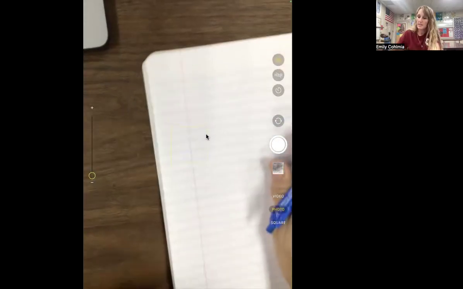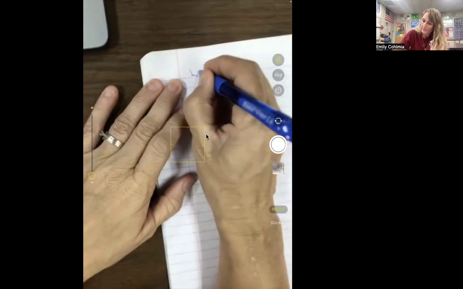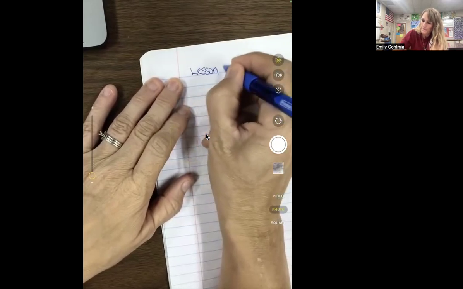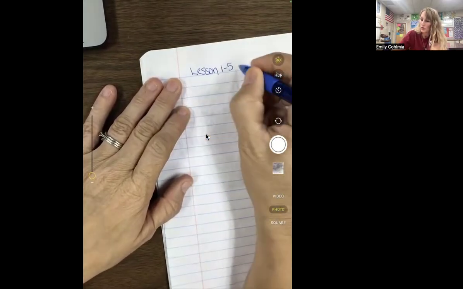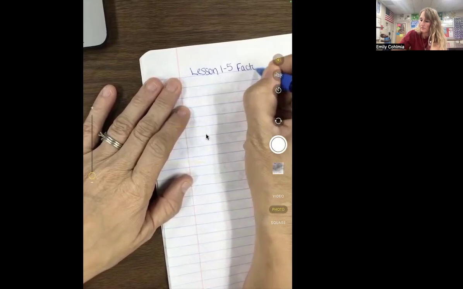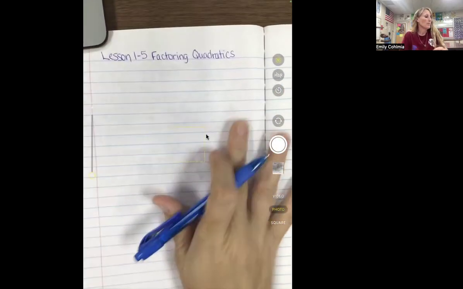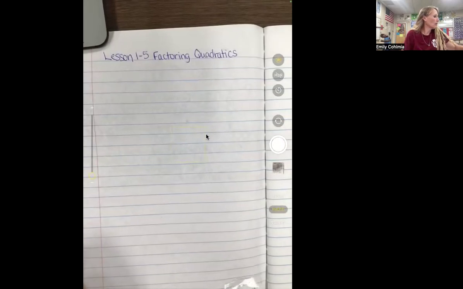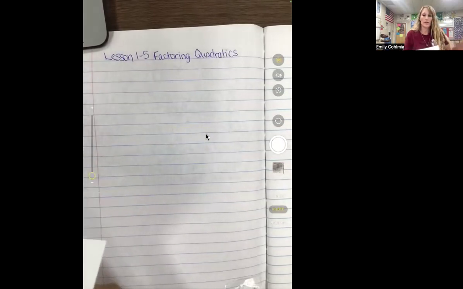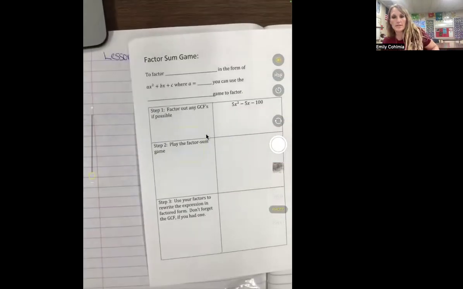So this is lesson 1-5, and it is on factoring quadratics. In your guided notes that I gave you, you should have gotten this.